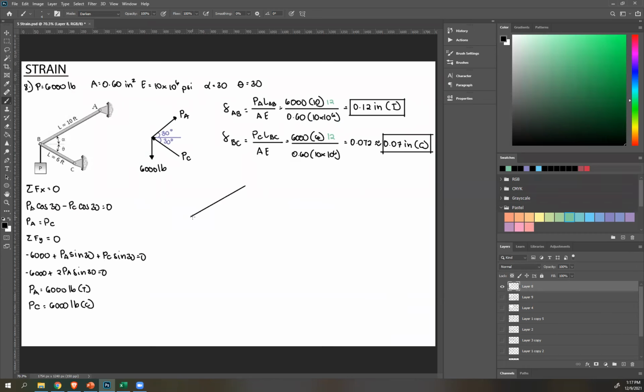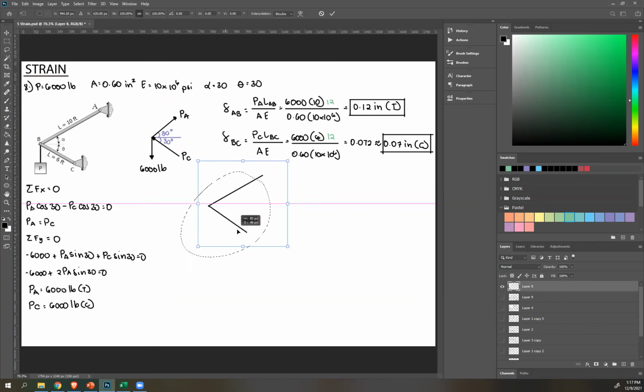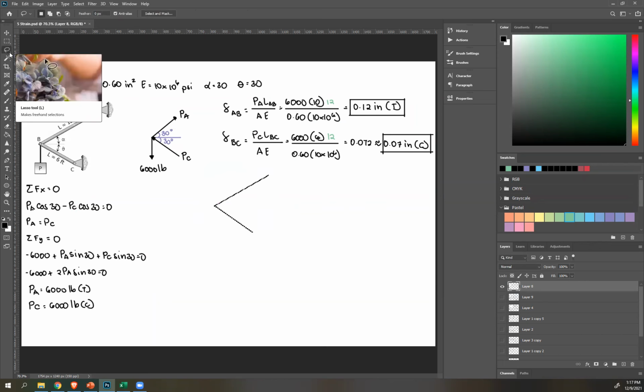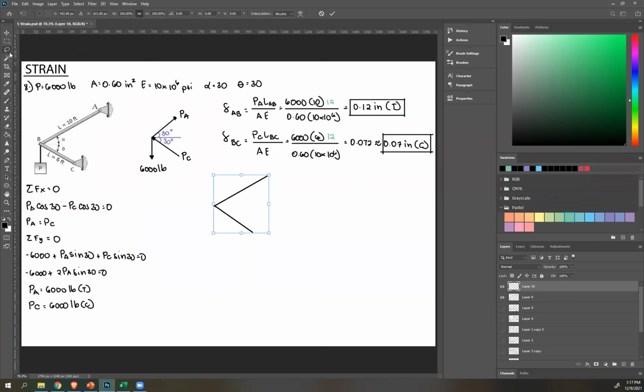So let's say we have that. And what's going to happen is it will move a certain way. So let me just cue that. It's going to move that way, and not only that, there's also a possibility it's going to move this way.